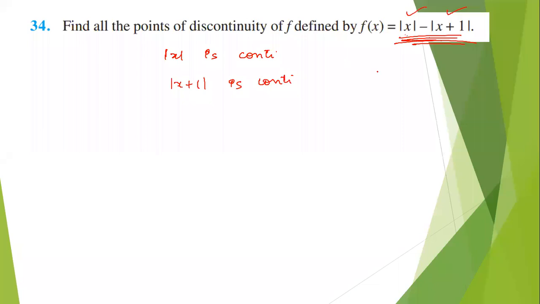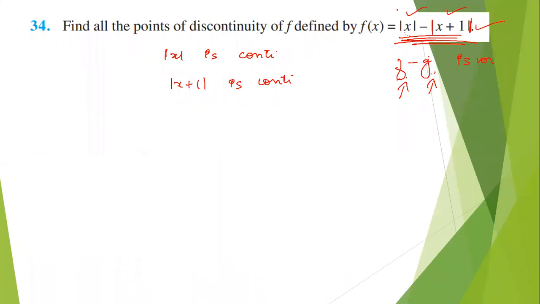We have proved this. Difference f minus g is continuous. If f is continuous, g is continuous, then their difference is also continuous. Isn't it? So directly here you need not use composition because we have separate modulus of x and modulus of x plus 1.